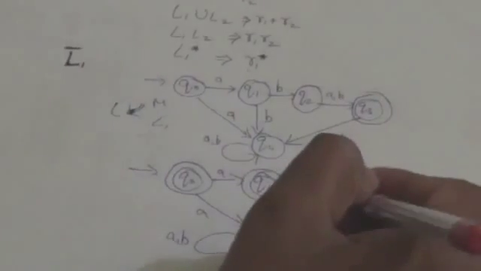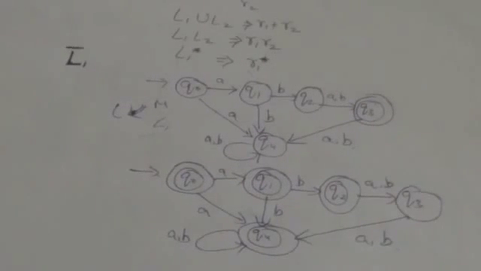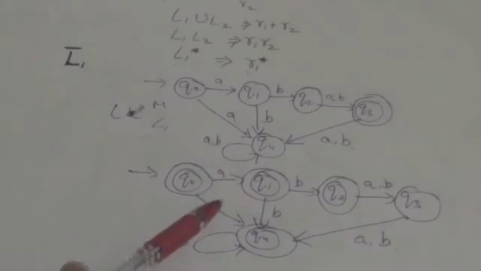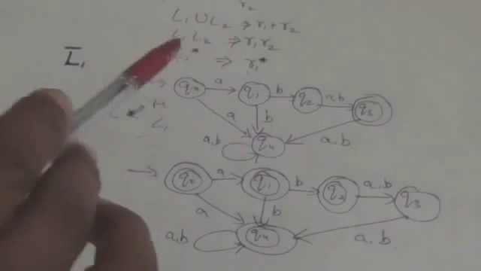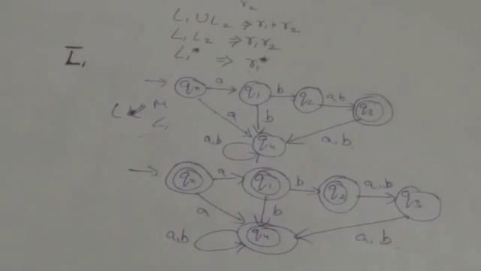Now what will happen, this new automata will accept the language which would be the complement of the language which is accepted by this automata. So it proves that if L1 is regular, then L1 complement will also be a regular language, because we can design a finite automata which will accept the language L1 complement.